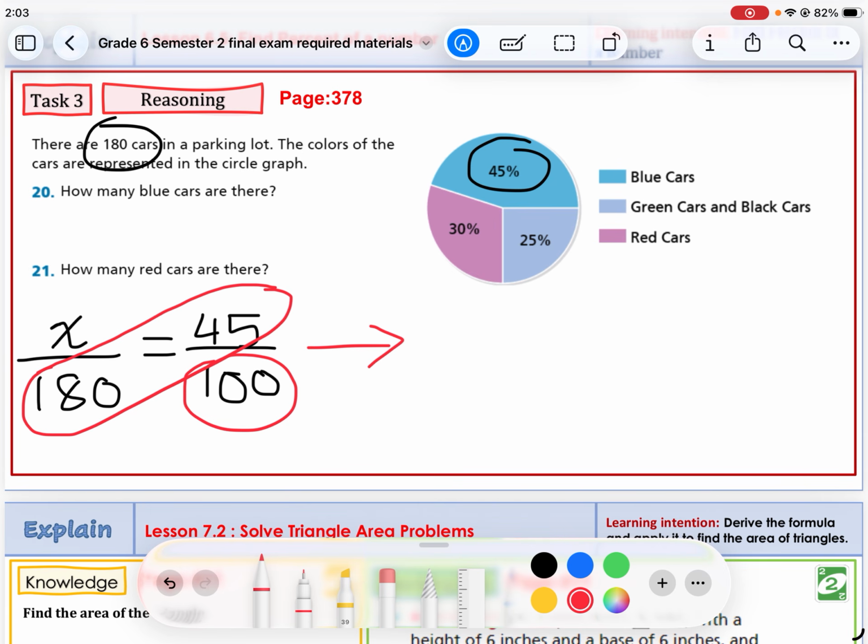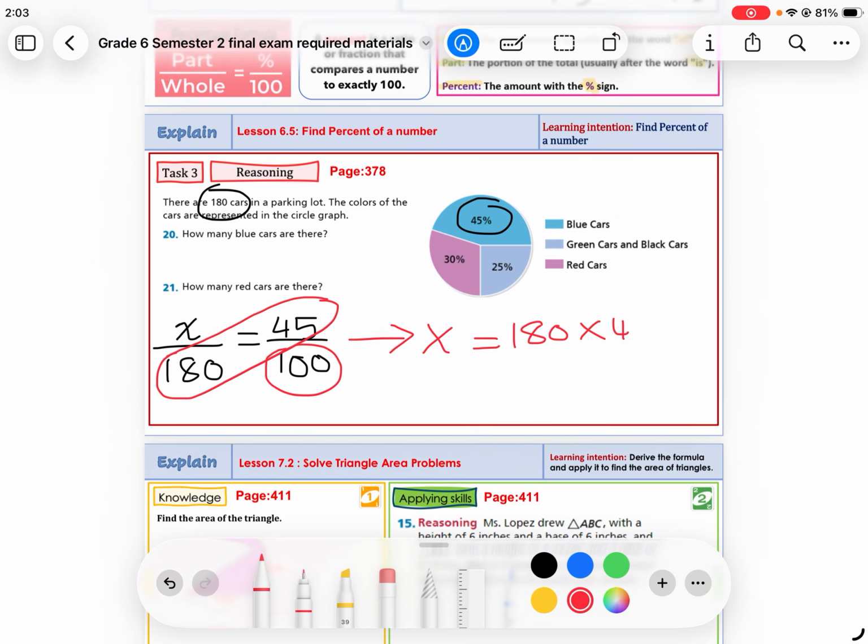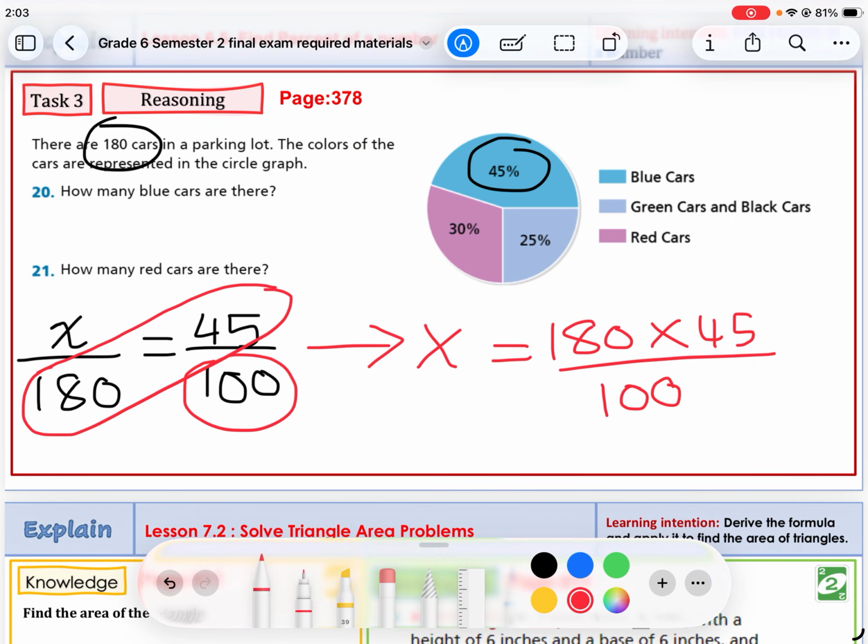So that means X equals 180 times 45 divided by 100. Okay, the final answer will be, if you multiply, again, be smart when you multiply.